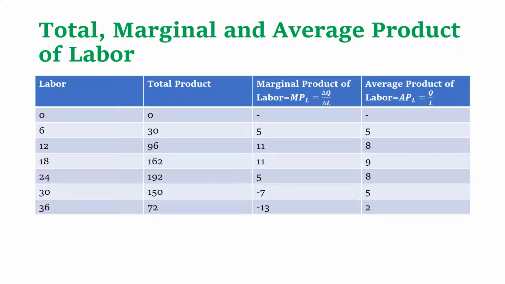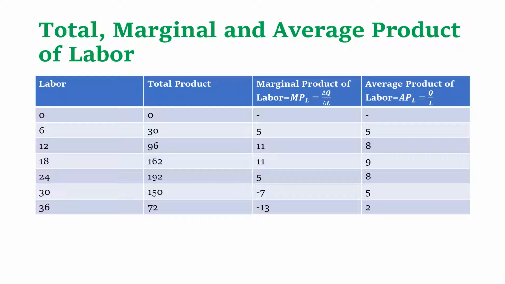It goes down to minus 7 and then minus 13. Now, if we look at the average product here, the average product is the next curve that attains a maximum. It attains a maximum at L equals 18. At L equals 18, the average product of labor is 9, and then it declines hereafter.